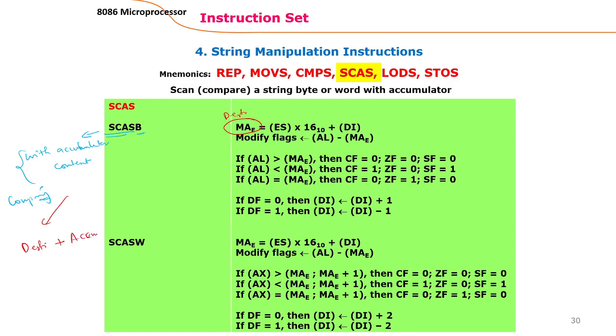So the source here will always be the accumulator. That is the source. This accumulator content will be compared with the destination, and that is considered as scan.